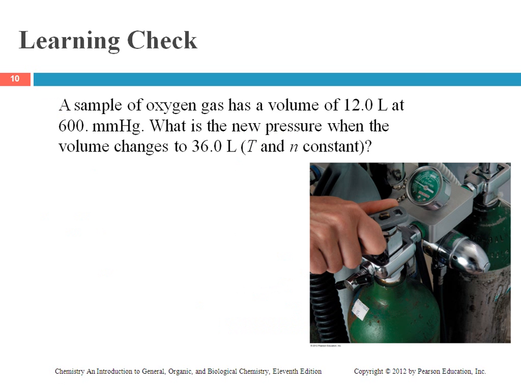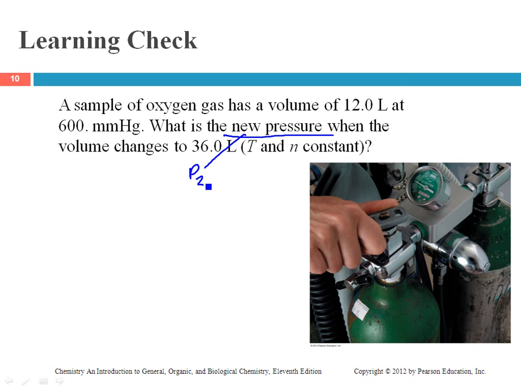Let's work this one out now. A sample of oxygen gas has a volume of 12 liters at 600 millimeters mercury. What is the new pressure when the volume changes to 36.0 liters at constant T and n? We want to set up and organize our data. Once you get the hang of it, I just go through and label each. We're looking for the new pressure, so we're looking for P2.